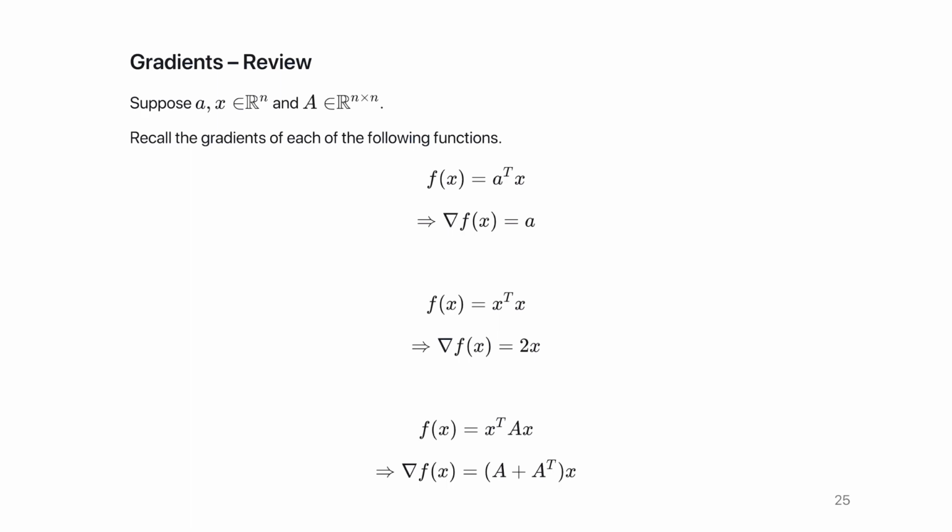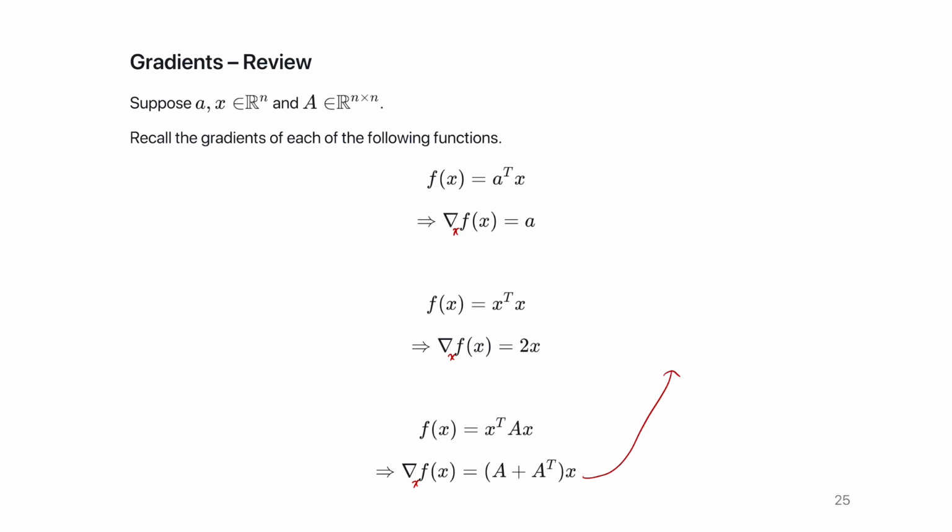In all of these, we're assuming that we're taking the gradient with respect to x, and little a and x are both n-element real vectors. So the gradient of a transpose x is just a, the gradient of x transpose x is 2x, and the gradient of x transpose Ax is A plus A transpose x.